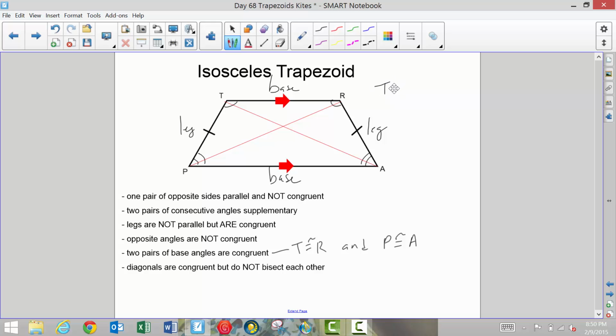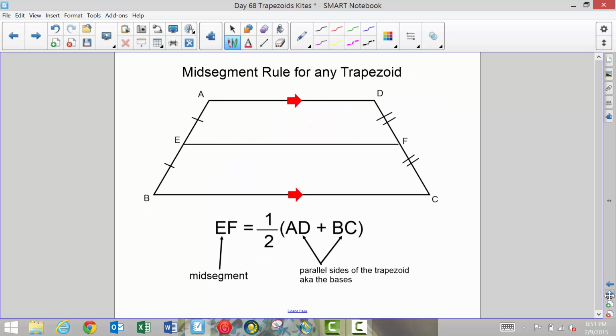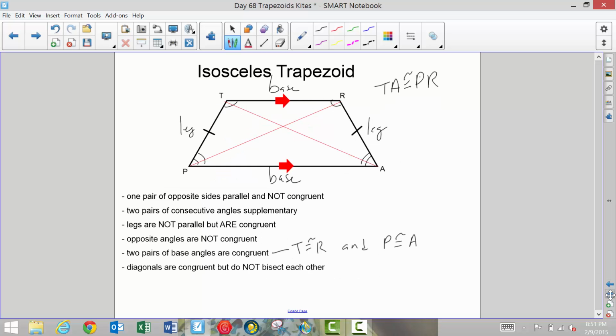So TA is equal to PR. Because the diagonals are congruent. They're not bisecting each other, they're congruent. The intersection is not 90 degrees. Okay. So that's the trapezoid. Or I should say the isosceles trapezoid.